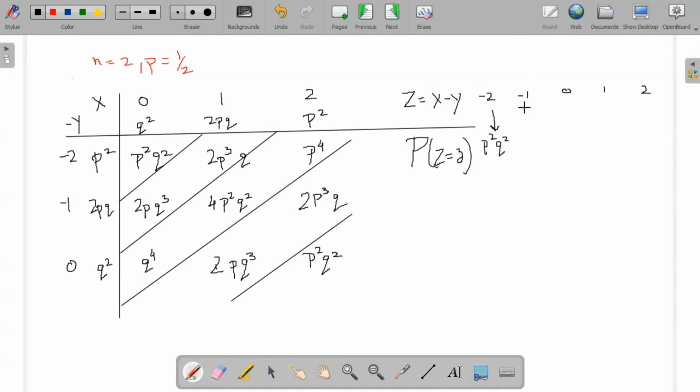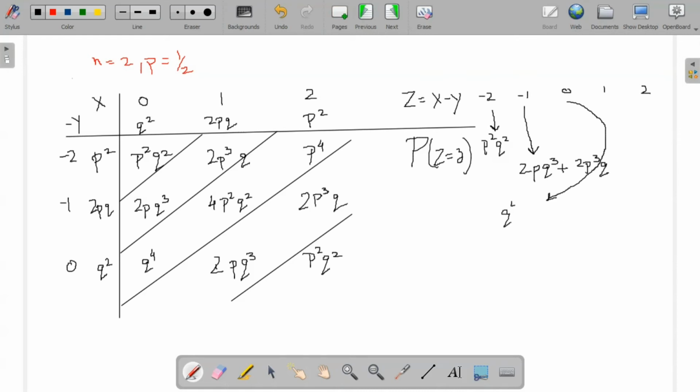This is the probability. For -1, the probability will be the sum of these two terms. So the probability will be 2p q cube plus 2p cube q. For 0, the probability will be sum of these three terms.